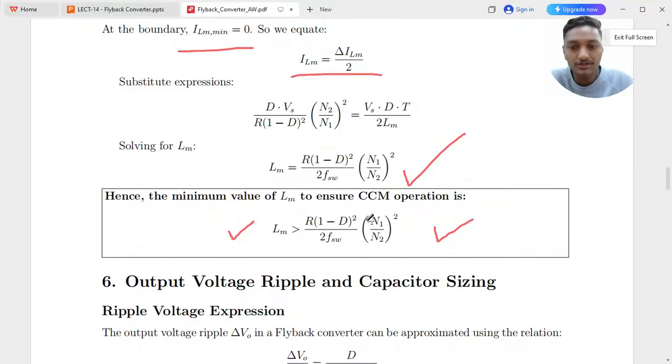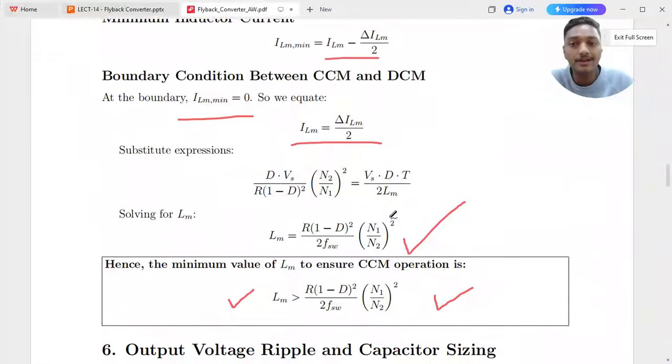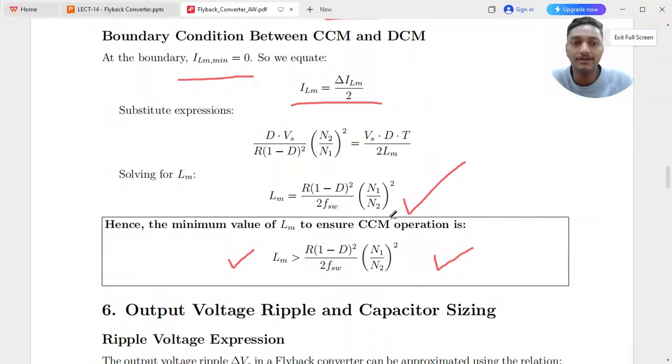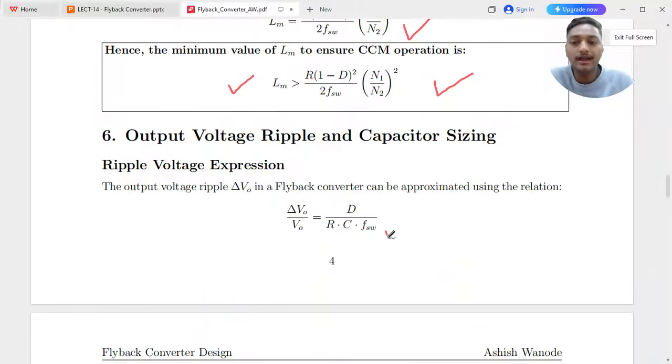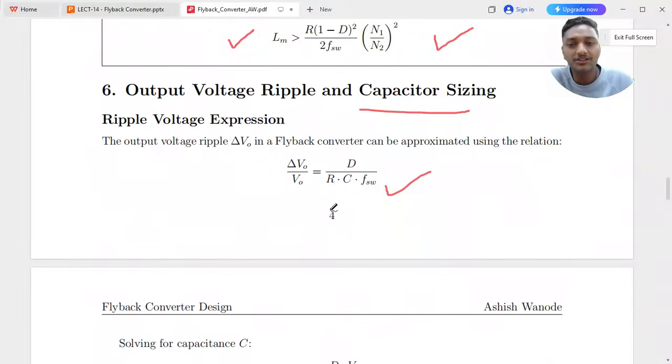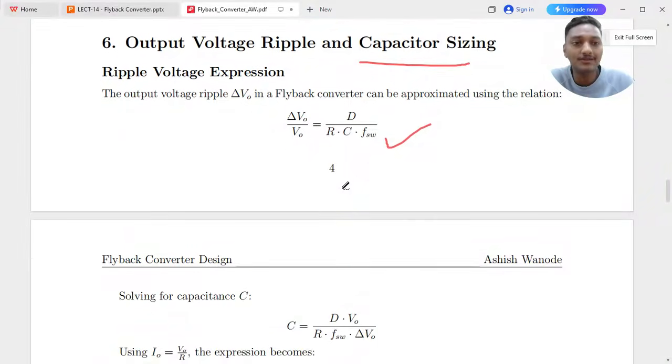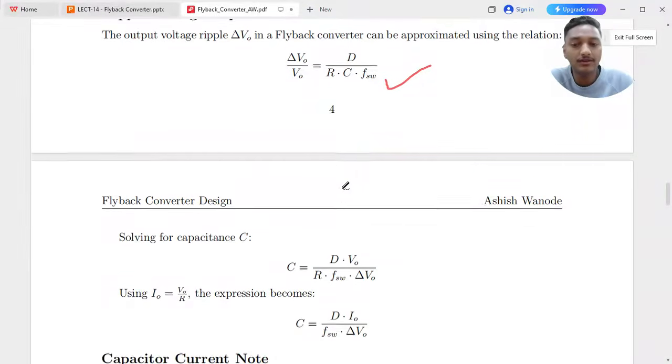I hope you understood how we have derived the boundary condition for the flyback converter. Till this particular point everything is clear. Now, how to derive the formula for capacitor sizing? We have seen that there is a C0 capacitor in the flyback converter. This is a well-known formula for the capacitor calculation: delta V0 by V0 is D upon RC FSW, where FSW is my switching frequency.